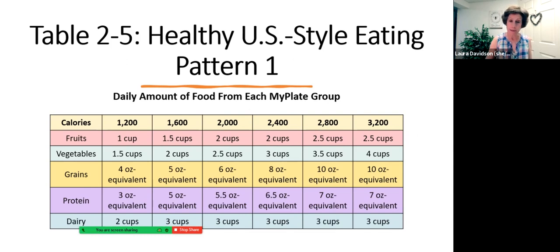I will tell you this though, even though we quite often mention 2000 calories as the average calorie need, people differ so much in their calorie needs. A small, inactive, older person might need 1400 calories. A taller, younger, more active person might need much more than 3200 calories.